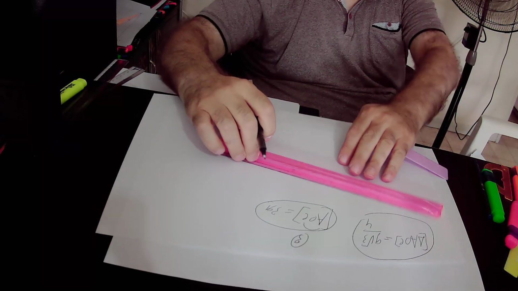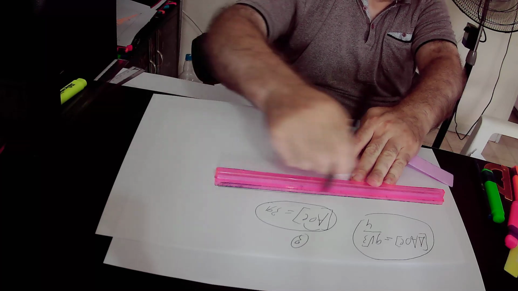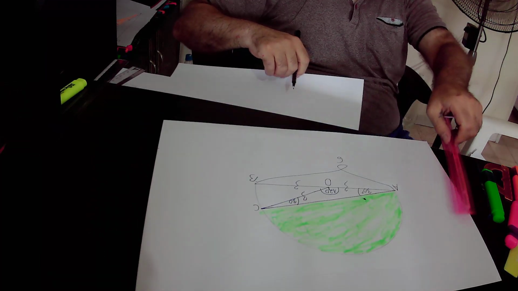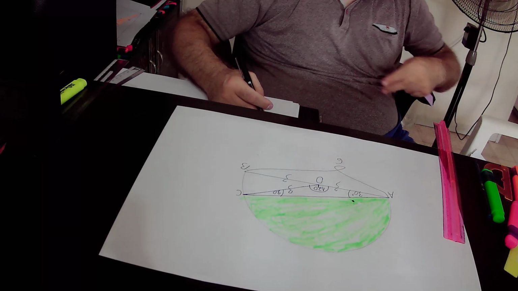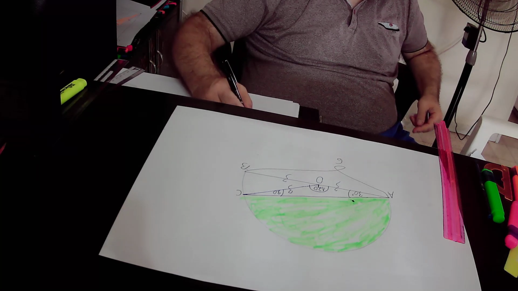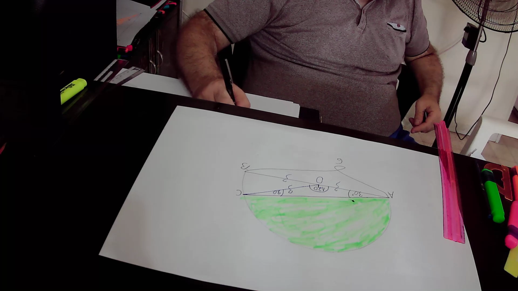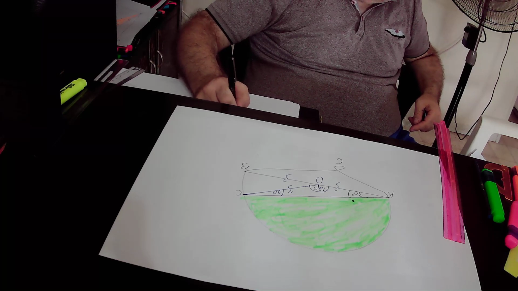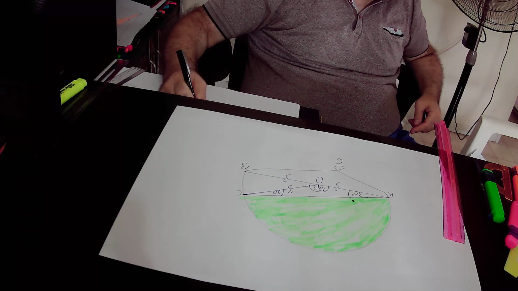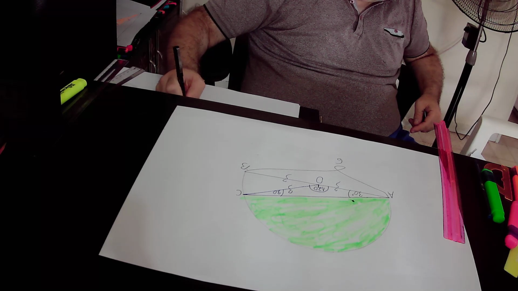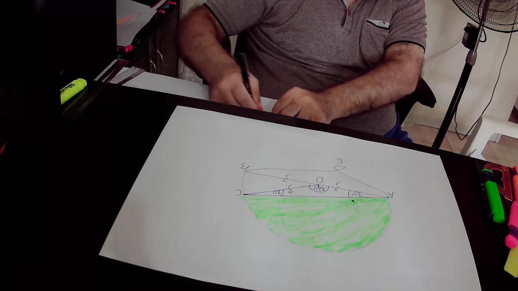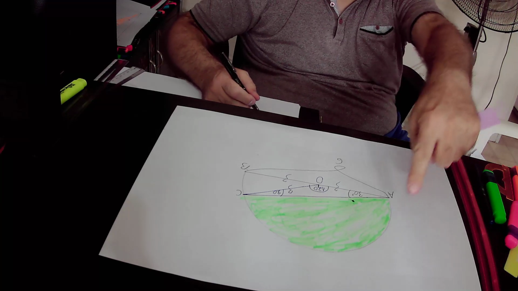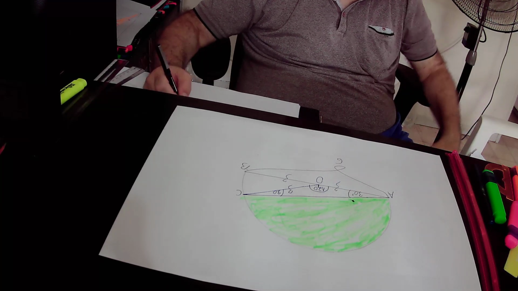But what is actually the area of the green shape? From the drawing, it is very easy to see that the area of the green shape equals the area of sector AOC minus the area of triangle AOC.